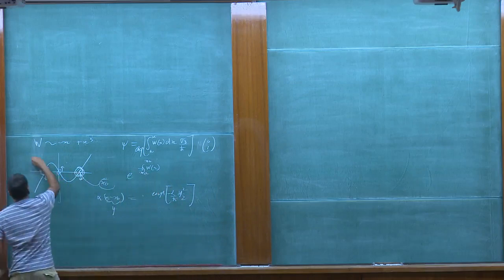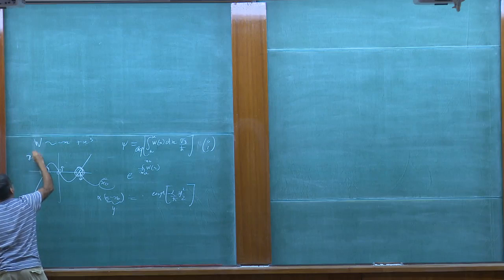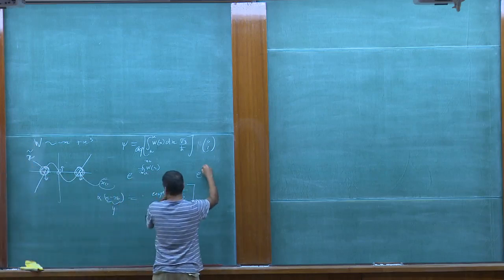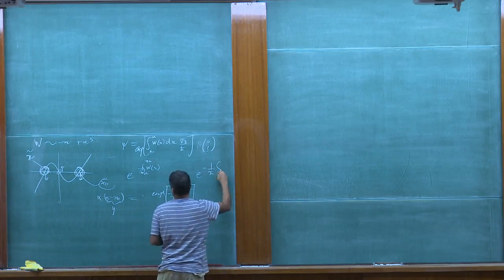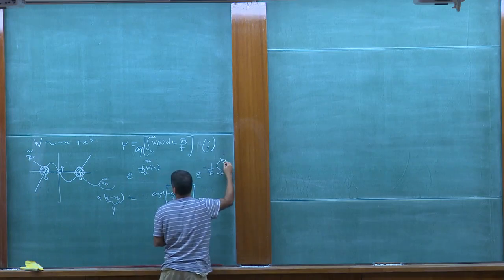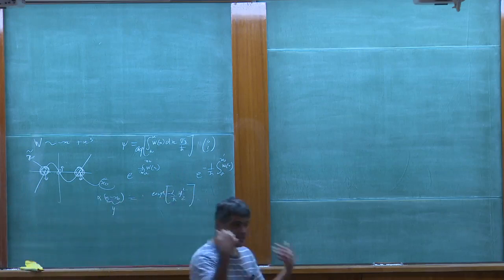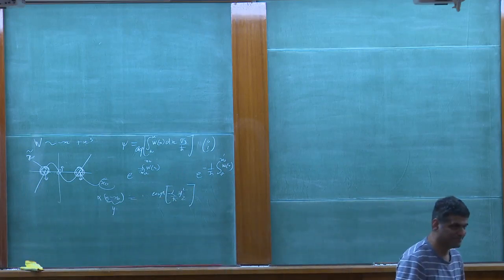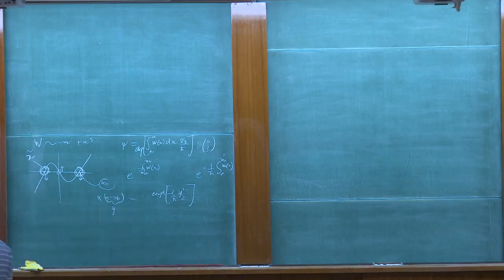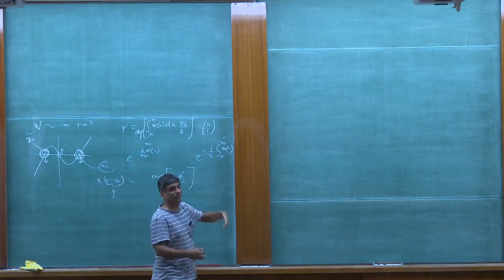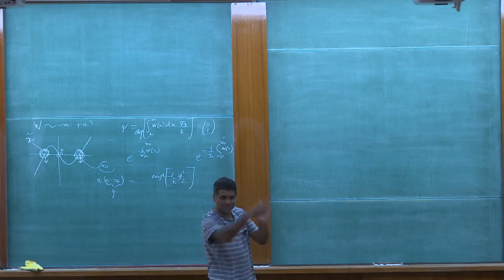Whereas, if this was some x naught prime, x naught tilde, this would have e to the power minus 1 by h bar integral from a to x naught prime of w of x. The ratio between these two coefficients will be this divided by this, but when you take the ratio of exponents, it just subtracts.